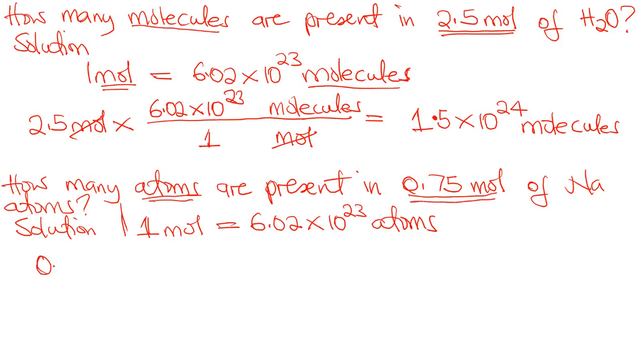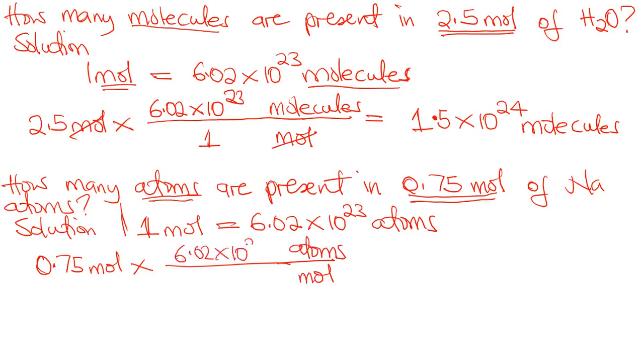So we are going to start with 0.75 mole times, we are putting moles down here so that they cancel, and then atoms up here. So the atoms go with 6.02 times 10 to the power 23, and the mole goes with 1.